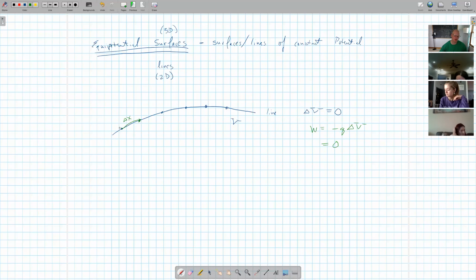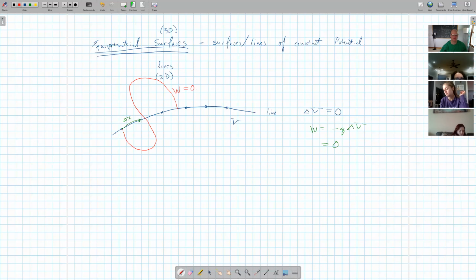So that means I can move this thing anywhere on this surface by doing no work. Or even if I took my object and I move it all the way down here, all the way around like this, and I end up somewhere on this line, the amount of work it took for me to do that is 0.